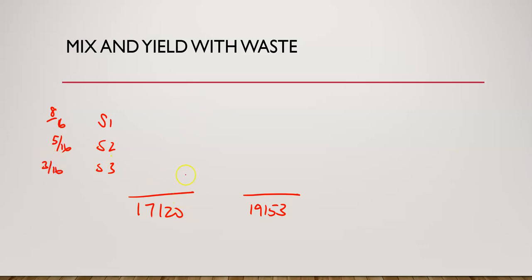When I split these up that way, I get 8/16 times this, which is literally half of that, 9,576.5. 5/16 times this is 5,985.3, and 3/16 times this is 3,591.2. And again, this is what you actually did.